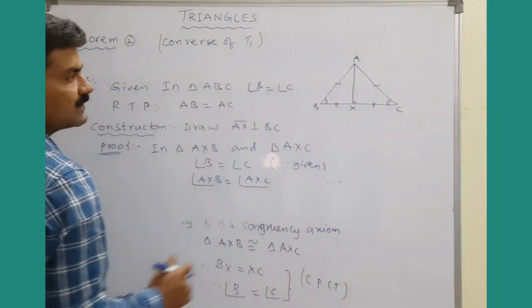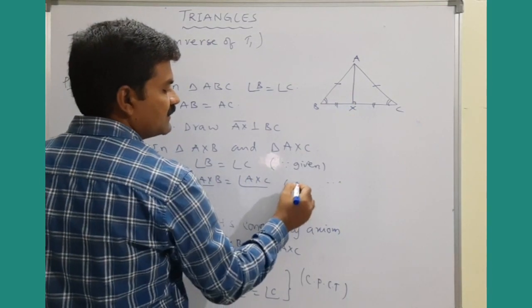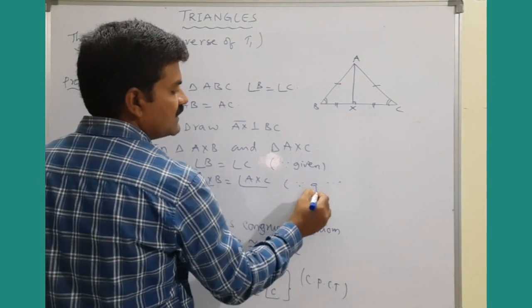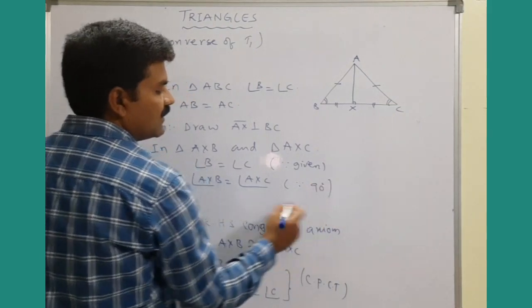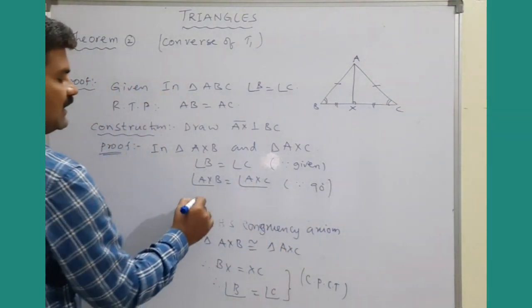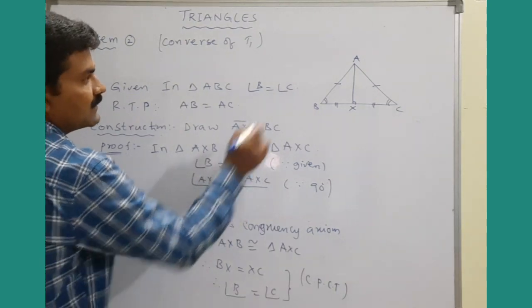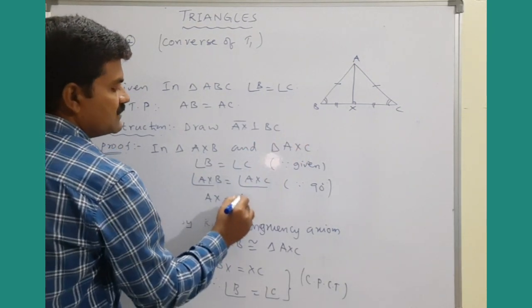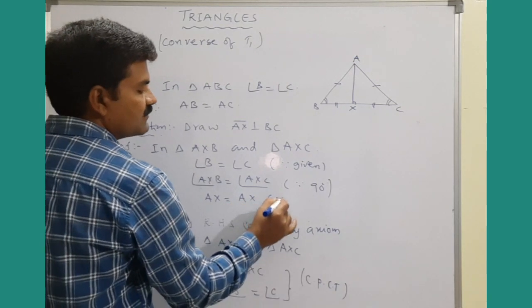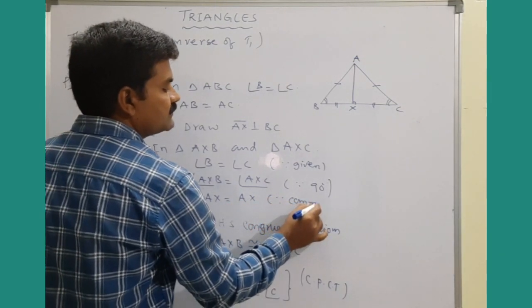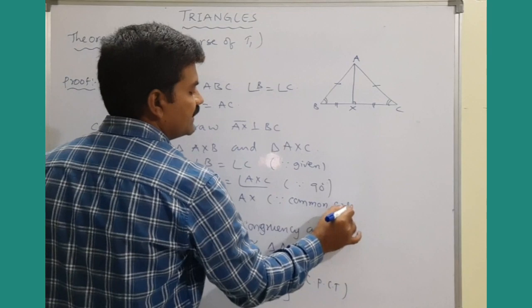Both are equal, because of this perpendicular, each of these angles is equal to 90 degrees. And also I can say that side AX is equal to AX, which is the common side again.